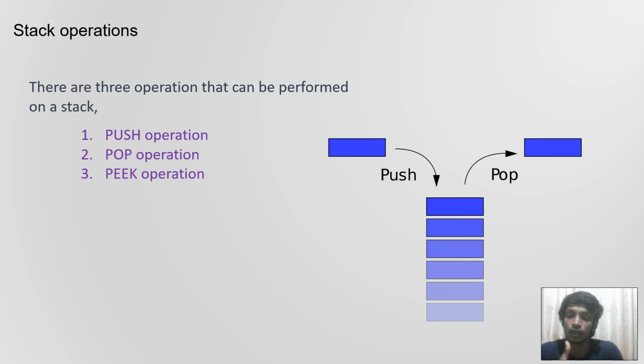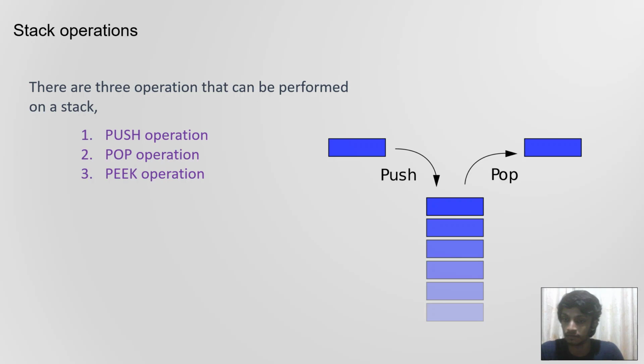So we can only perform our actions on that location, the topmost location. If we want to insert an element into our stack, we perform that operation at the topmost location, and inserting a value there is known as the push operation.